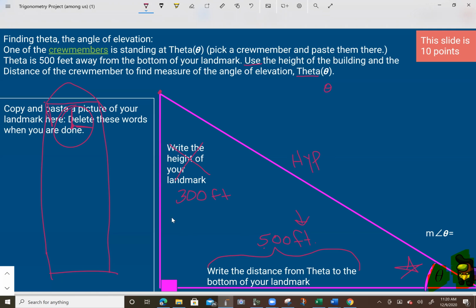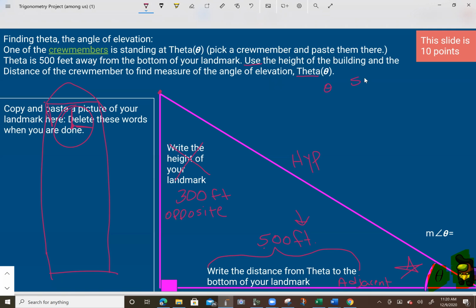And this, how tall your landmark is, that's the opposite side because it is not touching the angle. And this side right here, that's 500 feet, that's the adjacent side because that one is touching the angle. So we have numbers for the opposite and for the adjacent.